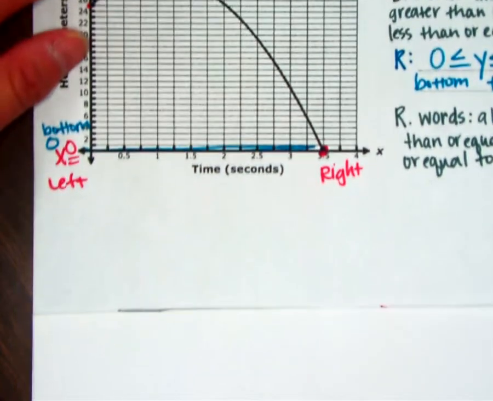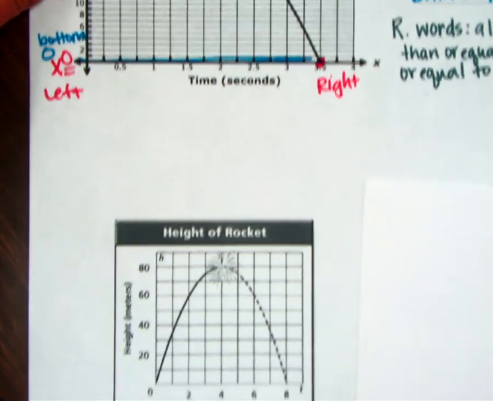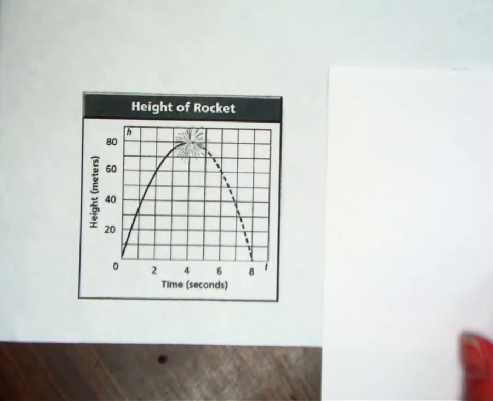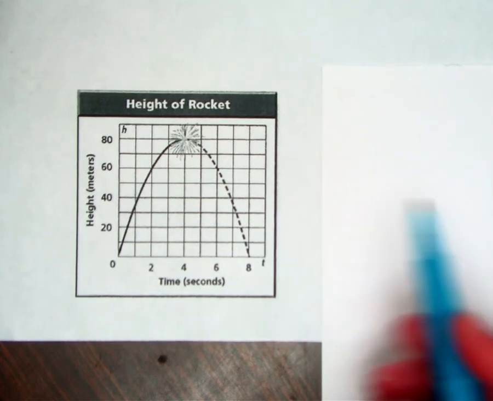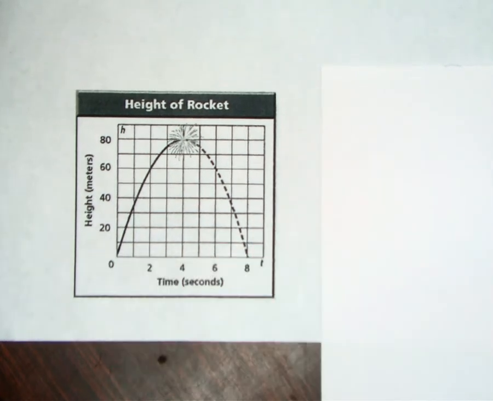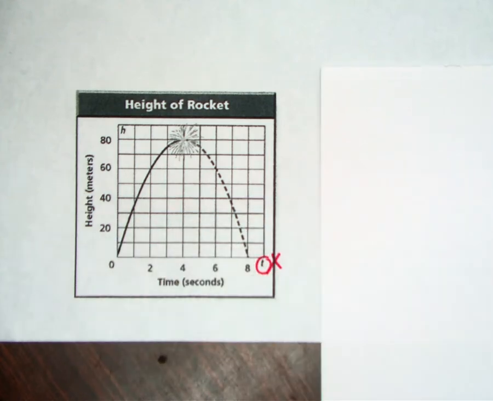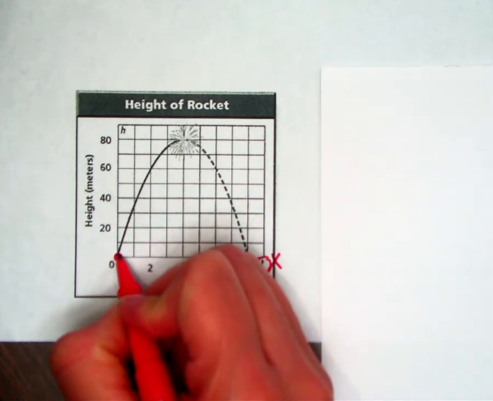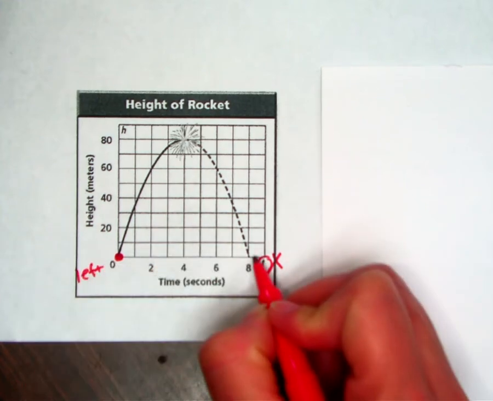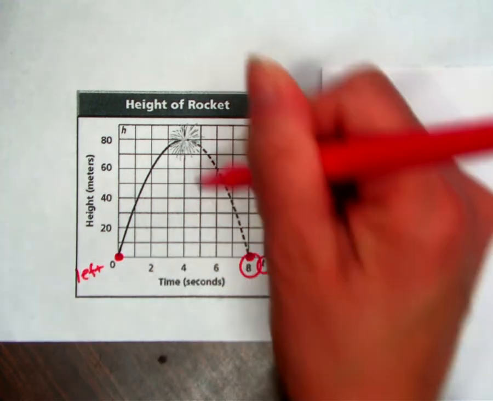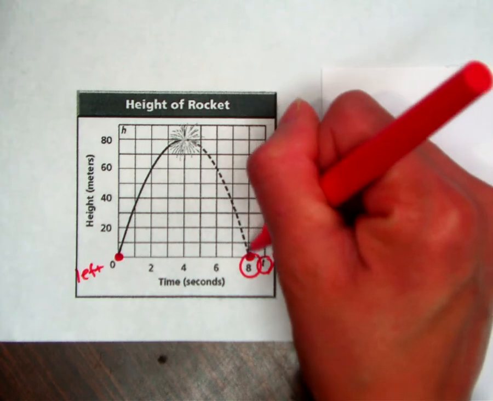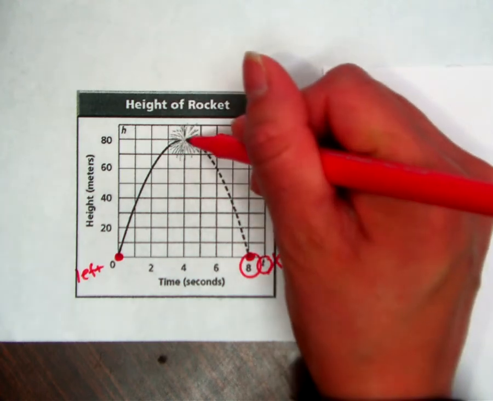And our last example we will look at is the height of a rocket. So this time, the height of a rocket is going to begin here at the bottom at 0. So for your domain, you're looking at your x values. Here, x is t. So you're looking from left to right. And this is a dashed line only to show that it's descending, but it's really closed.